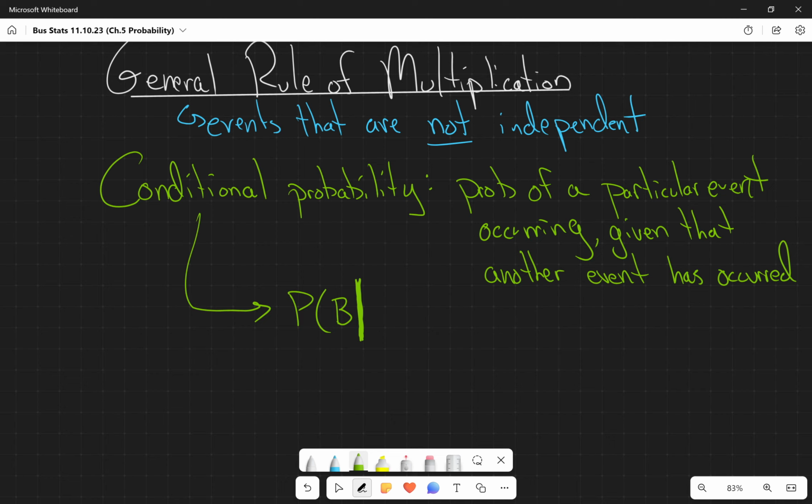If you press shift and that backslash at the same time, you end up with a vertical line like this. It kind of looks like a lowercase l, but it is significantly larger than your normally typeset fonts. So the probability of B given A is how we read this in English.